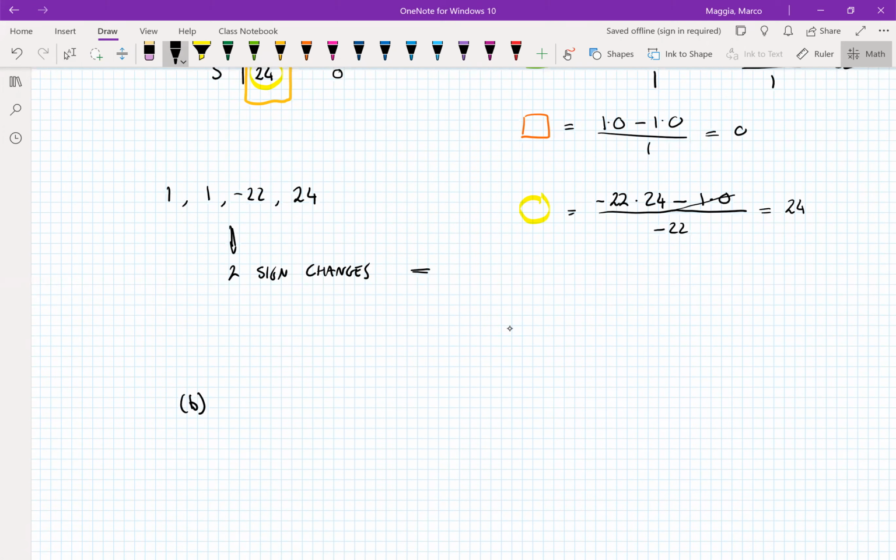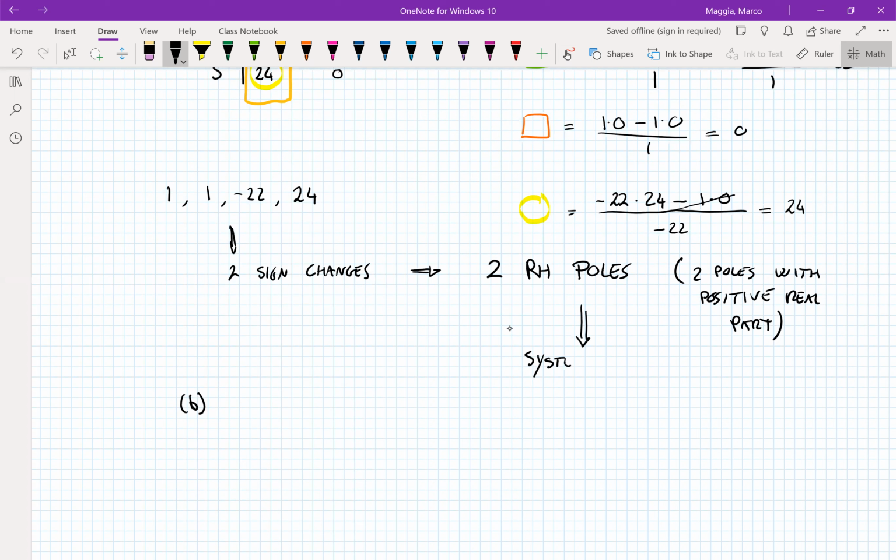So we have 2 right-hand poles, in other words, 2 poles with positive real part. And so obviously this implies that the system is unstable.